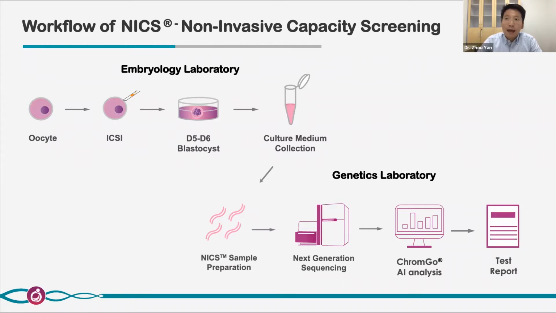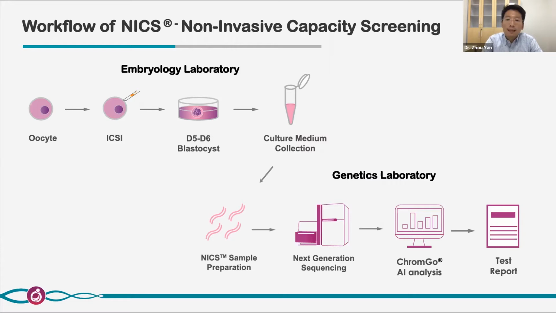The collected culture media is then passed to the genetic lab for the downstream procedures of NICS, where whole genome amplification is performed with MALBAC technology, and the library is prepared for next-generation sequencing. Usually 1 to 2 million raw reads are sufficient for assaying each sample.